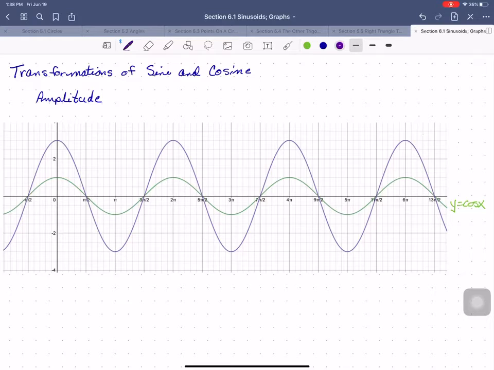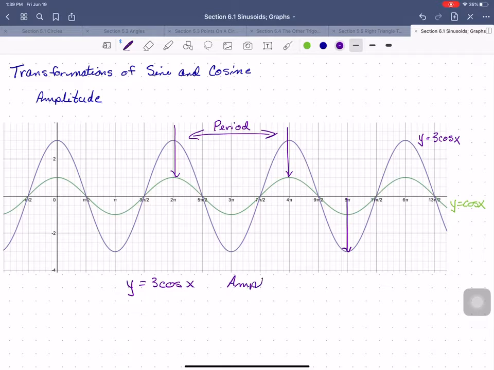The purple curve is y equals 3 cosine x. Both of these functions still have the same distance from peak to peak. Their periods are unchanged. What is changed, however, is the amplitude. So the function y equals 3 cosine x has amplitude 3.